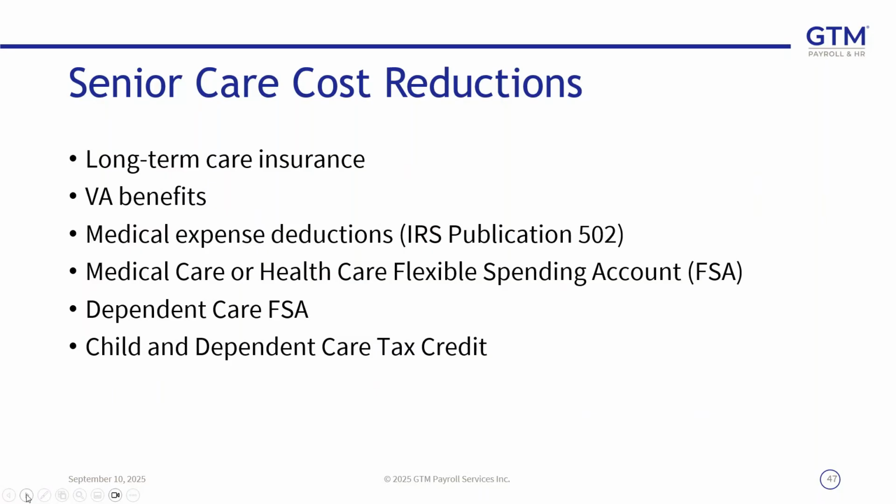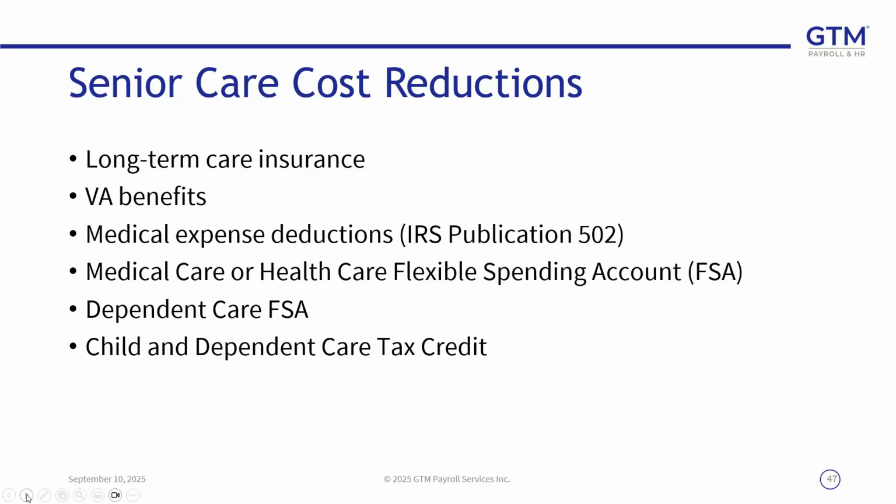If the person receiving care lives with your client, is physically and mentally unable to care for themselves, and requires a caregiver to care for them so that your client can work, then your client may be able to pay some of their senior's care expenses through a Dependent Care FSA offered through their employer. The senior may also be a qualifying individual under the Child and Dependent Care Tax Credit.